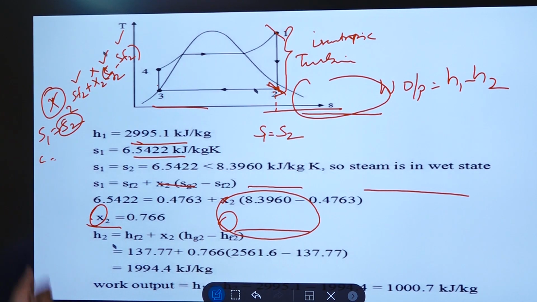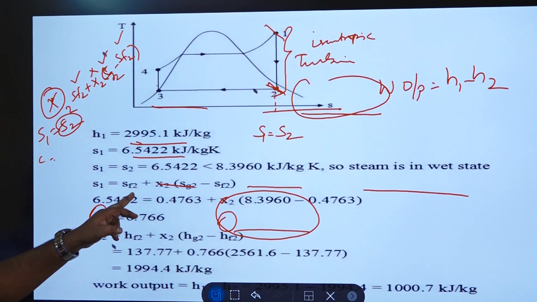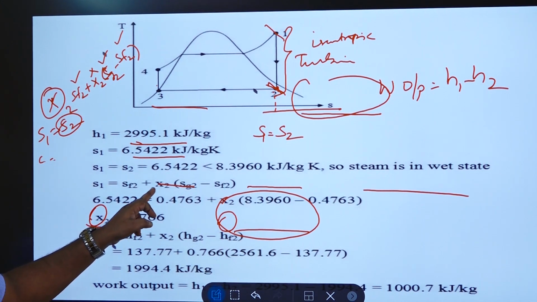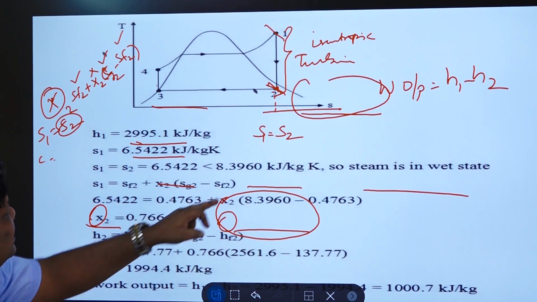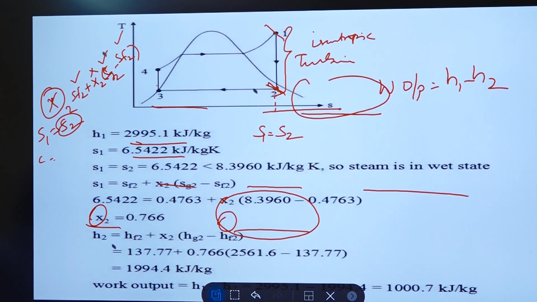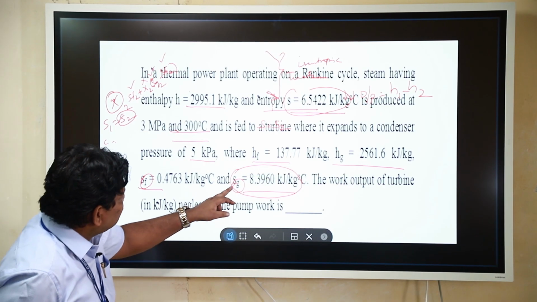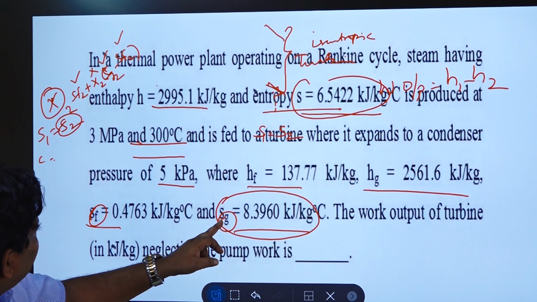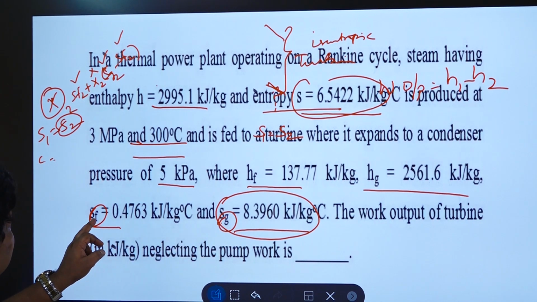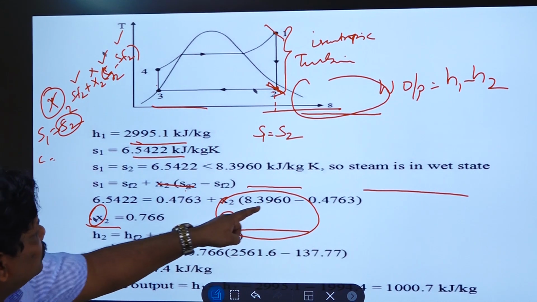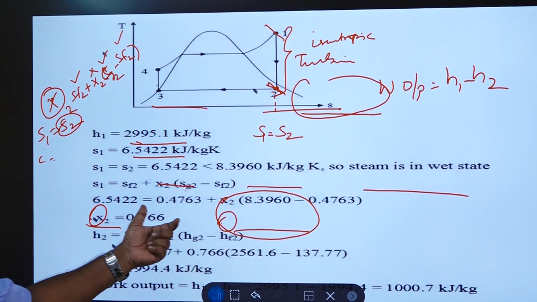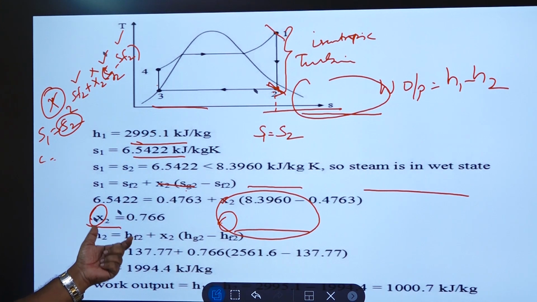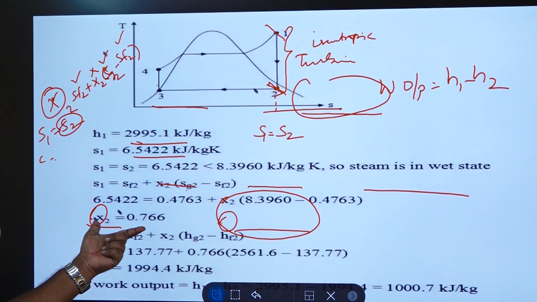You know the value of S1, so substitute in this formula, SF2 plus X2 into SG2 minus SF2. SG2 is given to you as well as SF2. So you can easily find the value of X2.